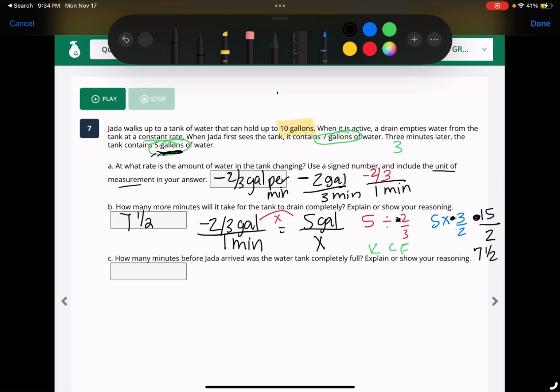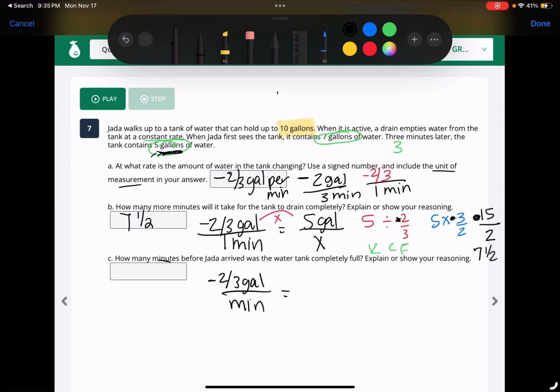All right, let's do the same thing. How many minutes before Jada arrived was the water in the tank completely full? Again, it's time, so time is not negative, so it's going to be a positive value. But we're going to do the same thing. We still have that negative 2/3, going down 2/3 gallons per minute.